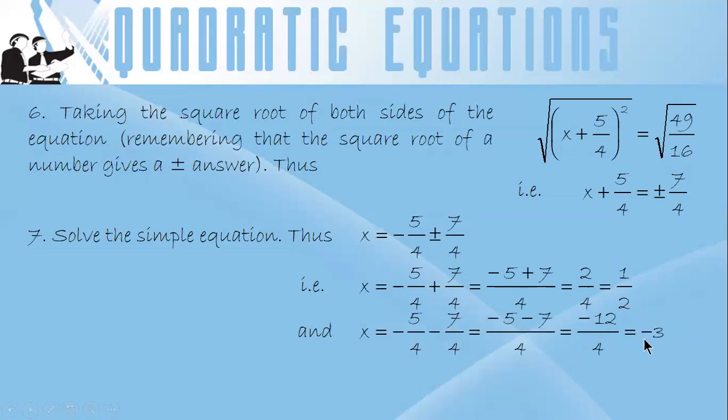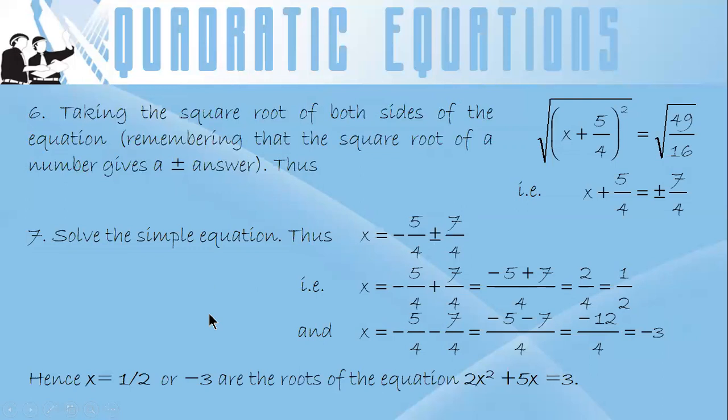Root number 2 is negative 3. Hence, x equals 1/2 or negative 3, and they are the roots of the equation. So those are the steps in completing the square.